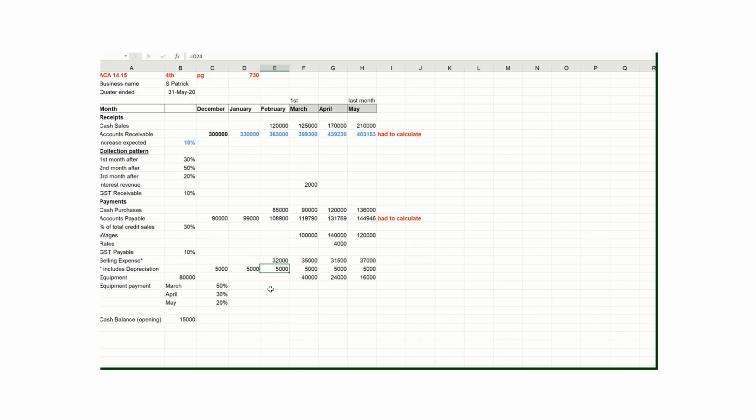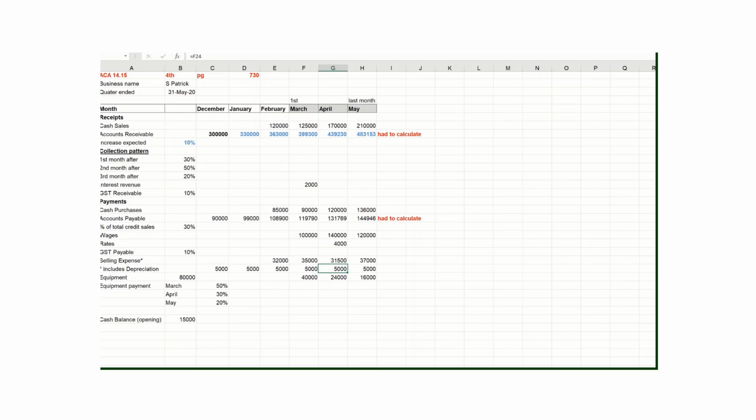Now, depreciation is an imputed or calculated expense. In other words, there's no GST applicable. So we say the expenses for February is 32,000 minus the 5,000. For March, it will be the 35,000 minus the 5,000. And that's how this will continue.